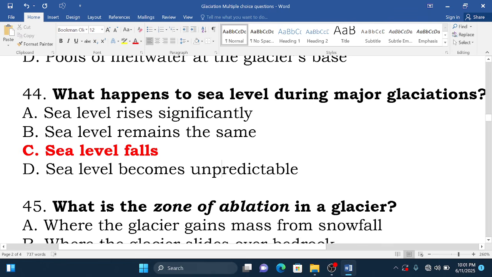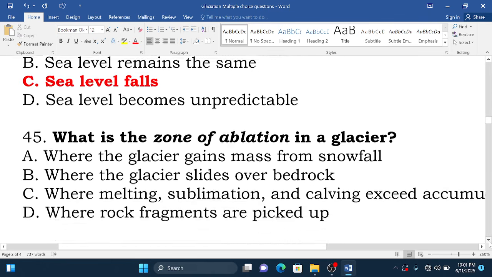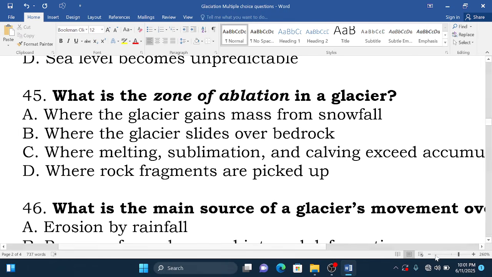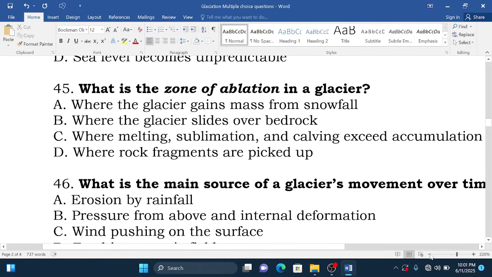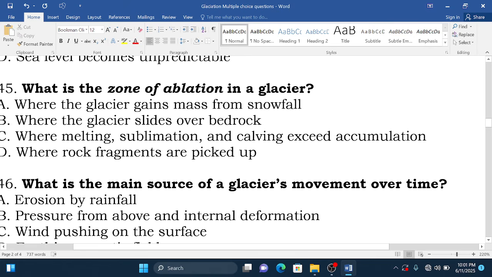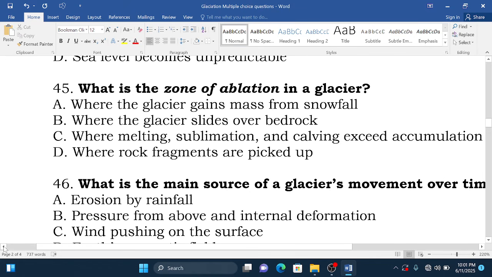Let's go to question number 45. Question 45 is asking, what is the zone of abrasion in a glacier?